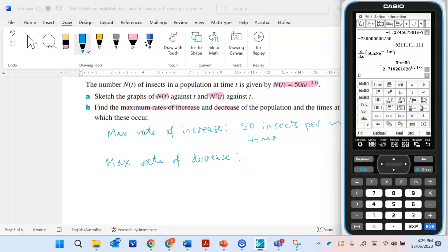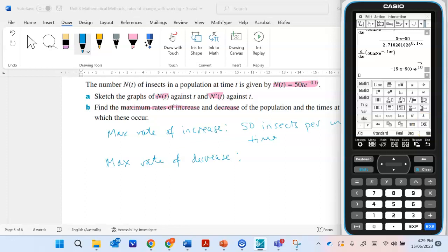It's in decimal. I prefer exact, so I'm just going to change it back. It's easier to read if we've got that.